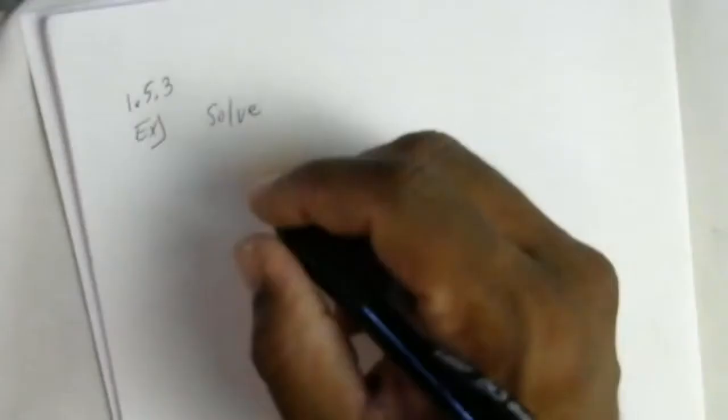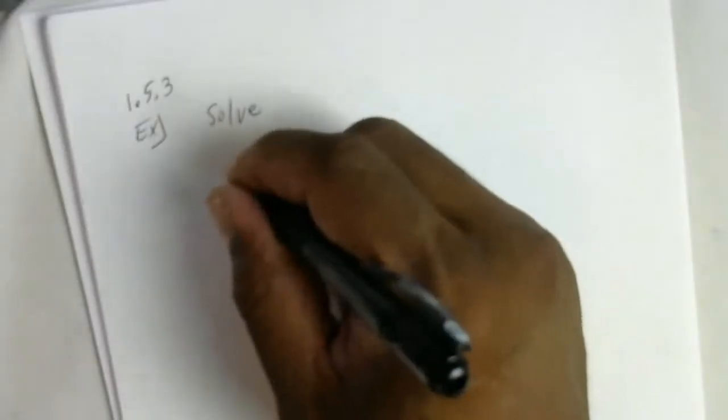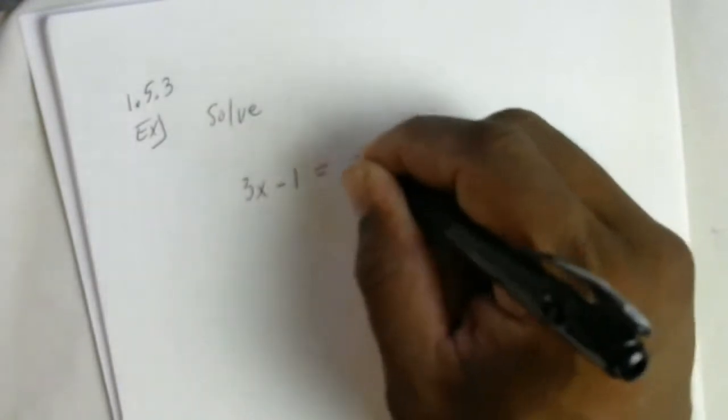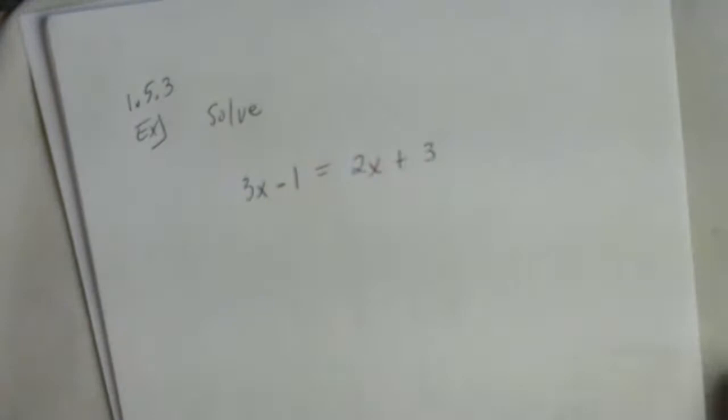So when you see me write these little digits, 1.5.3, this comes out of section 1.5, and it's actually the third problem in your homework set. And we're asked to solve 3x minus 1 is equal to 2x plus 3.